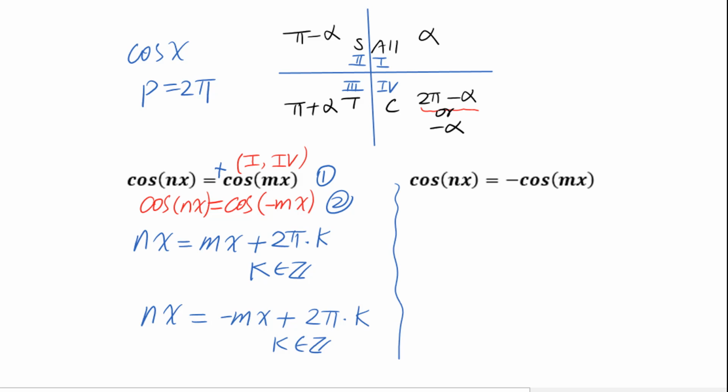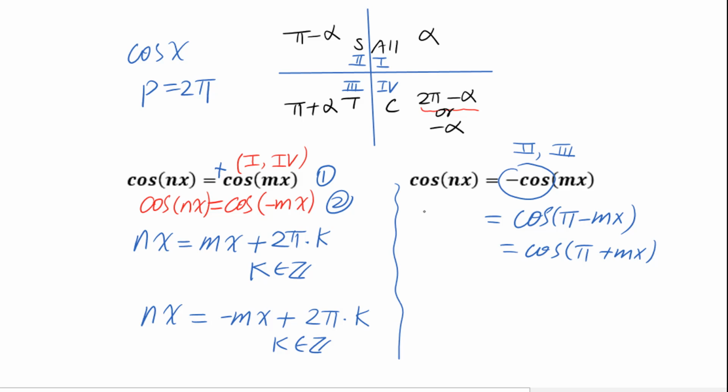For cosine nx equals negative cosine mx, since this is a negative cosine, it will be in the second and third quadrant. So we can rewrite negative cosine mx as cosine pi minus mx or cosine pi plus mx.